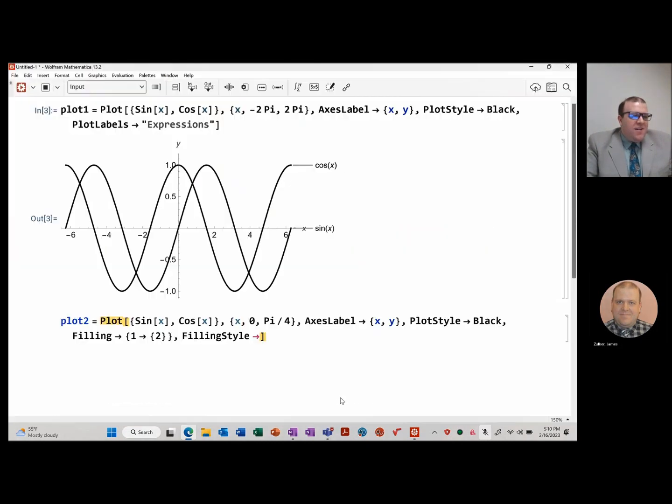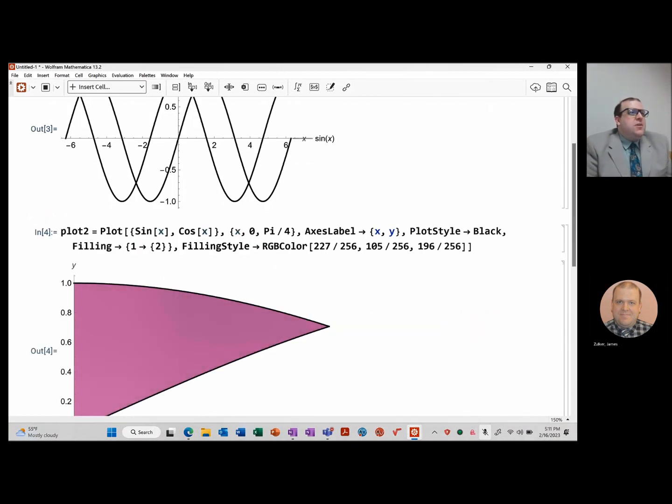Copy that. RGB color. I'm going to put those in. Now, mathematically, once these are decimals, let's divide each one by 256, because the RGB for each of red, green, and blue was a number between 0 and 256. Now, if I execute this one, that's what we get.